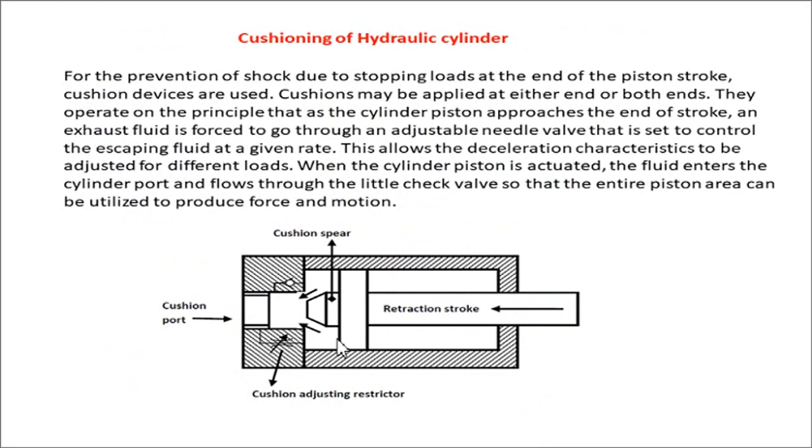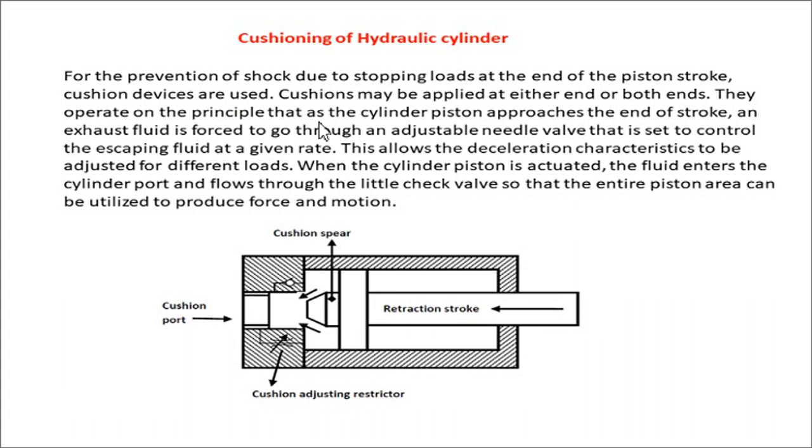Now let us consider another arrangement for the hydraulic cylinder, which is called cushioning, which is very important. For prevention of shock due to stopping of the loads at the end of the piston stroke, cushioning devices are used. Cushions may be applied at either end or at both ends of the actuator.